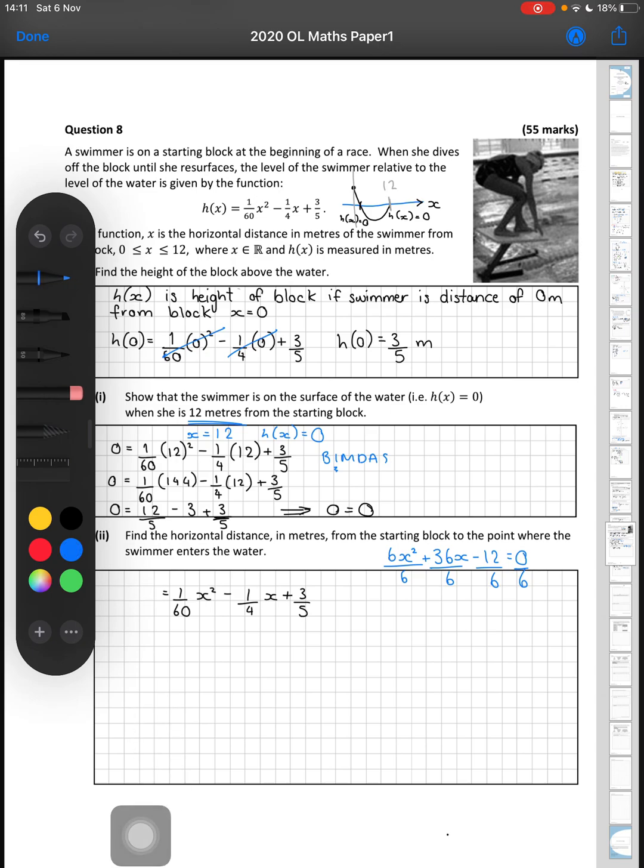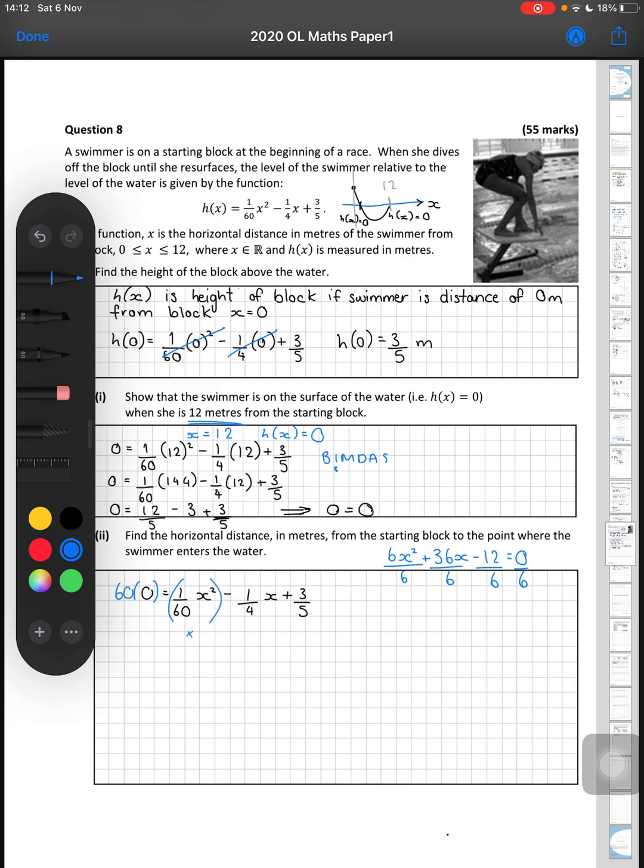In a situation like this, we can divide everything across by 6. We can only do that if there's an equals in the equation, but here there is an equals in the equation. So I want to find the places where that is equal to 0.